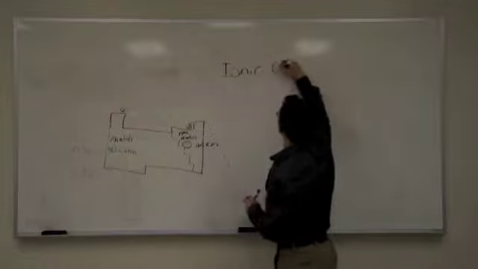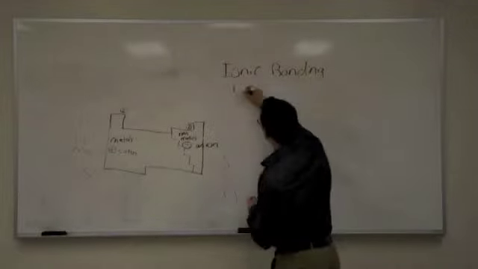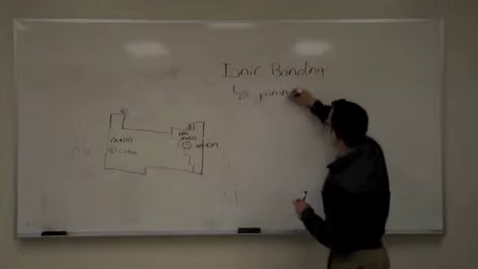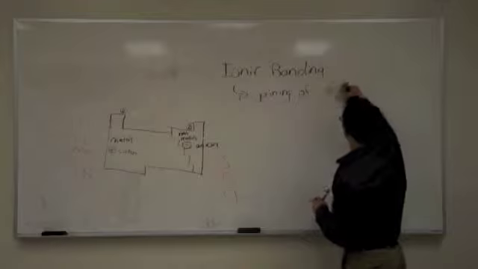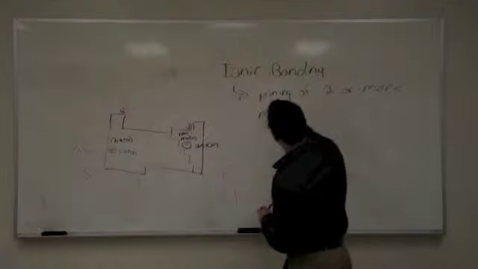Ionic bonding is the joining of two or more metals and non-metals.